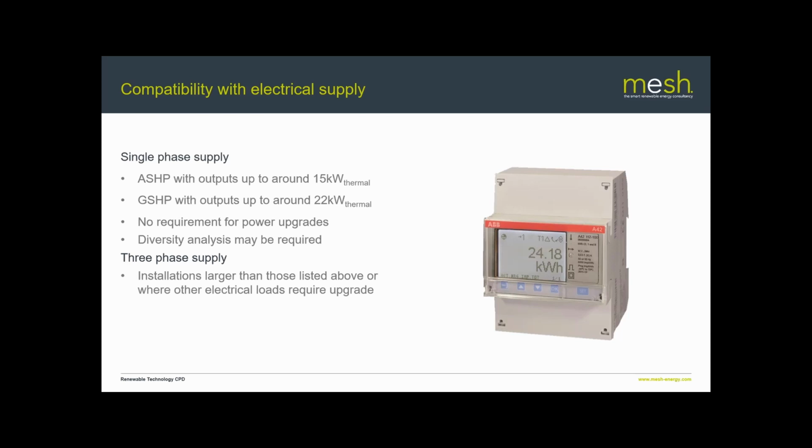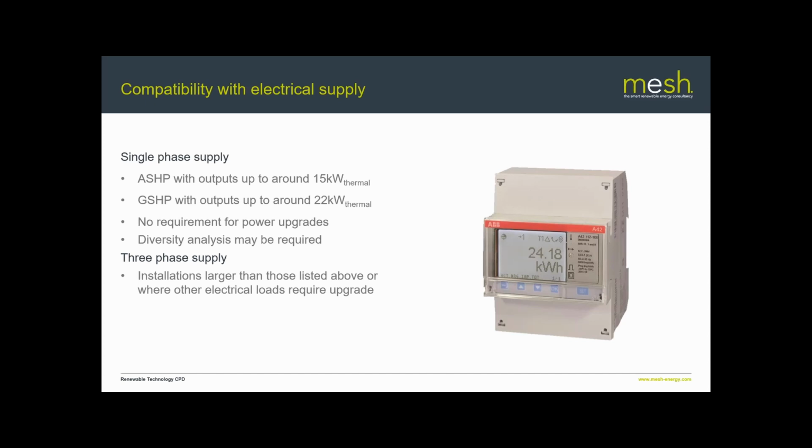Three-phase supplies. Well, if you've got an installation that's larger than the ones that I've listed above, or where there's lots of other electrical loads, so you've got a swimming pool, for example, then it might be that a three-phase supply is the only way to go. The costs of upgrade to three-phase vary significantly from site to site. I've seen quotes as low as £1,000 and quotes as high as nearly £150,000.